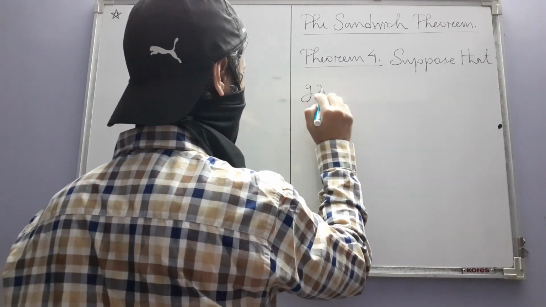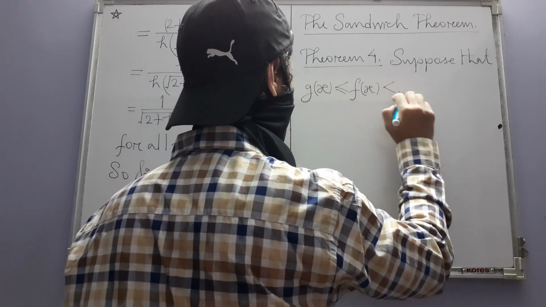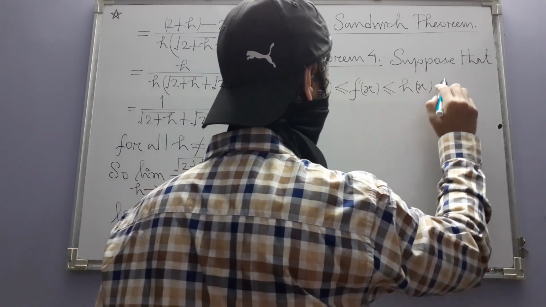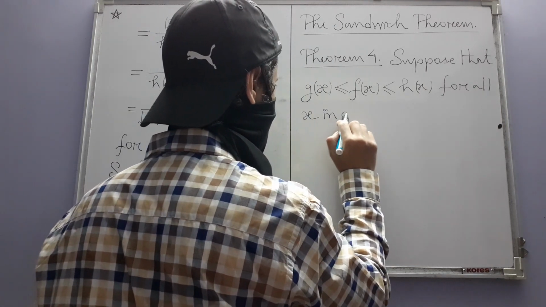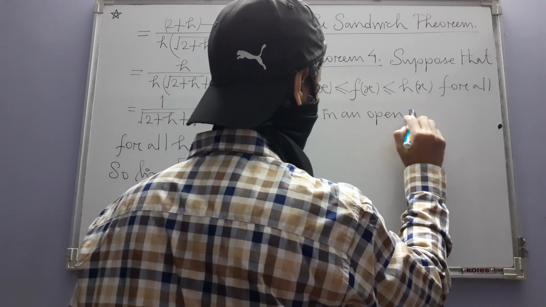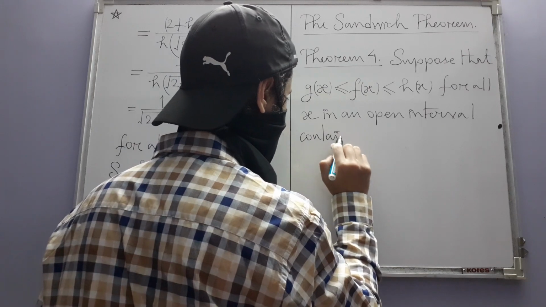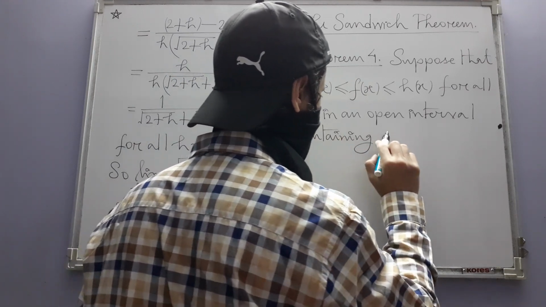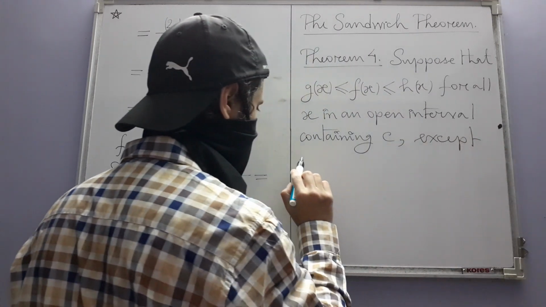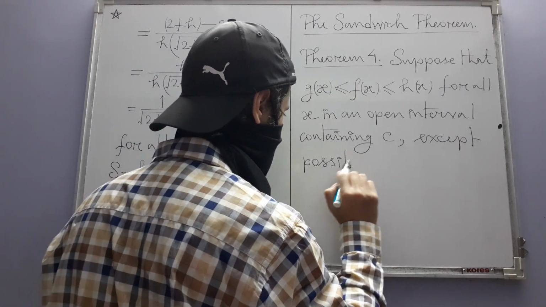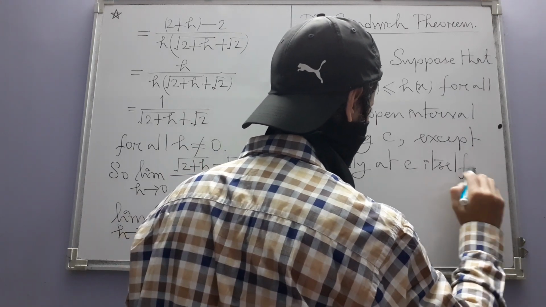Suppose that g of x is less than or equal to f of x, which is less than or equal to h of x, for all x in an open interval containing some real number c, except possibly at c itself.